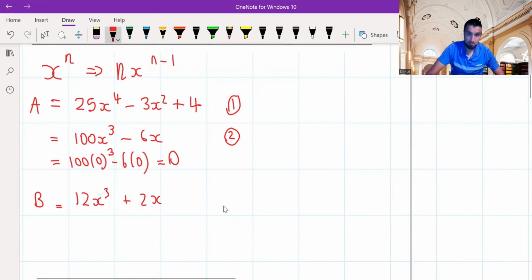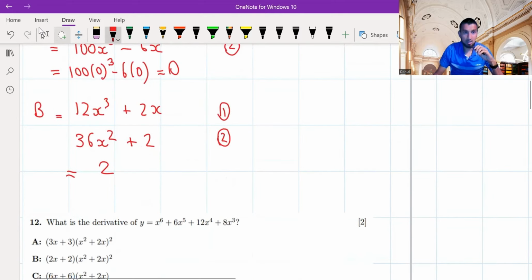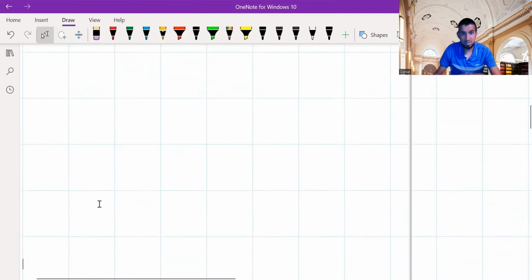And then the second derivative will be 3 times 12, 36, minus 1 from the power, that'll be x squared, and then plus 2. So that would actually give us a value of 2.